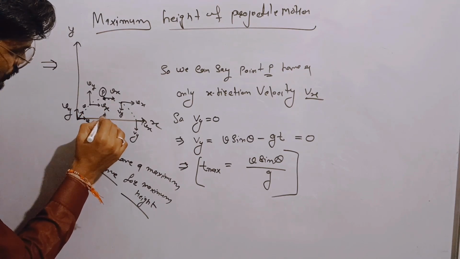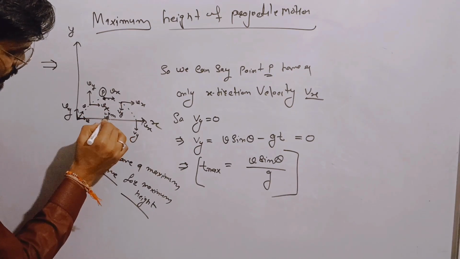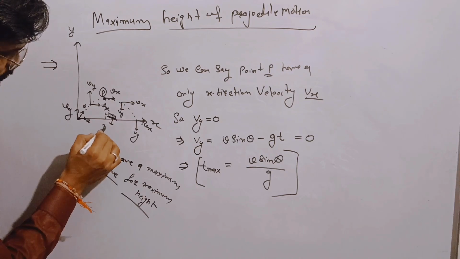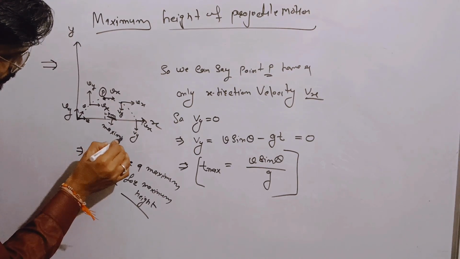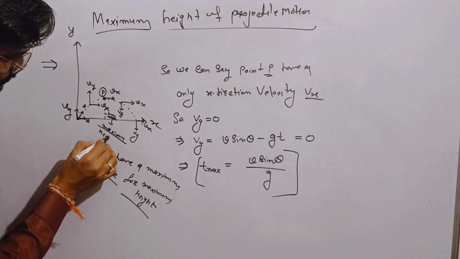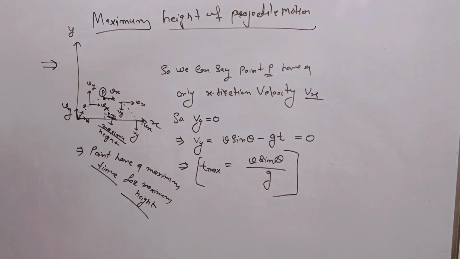P पॉइंट पे मैक्सिमम हाइट होती है Hm. So this is the maximum height.